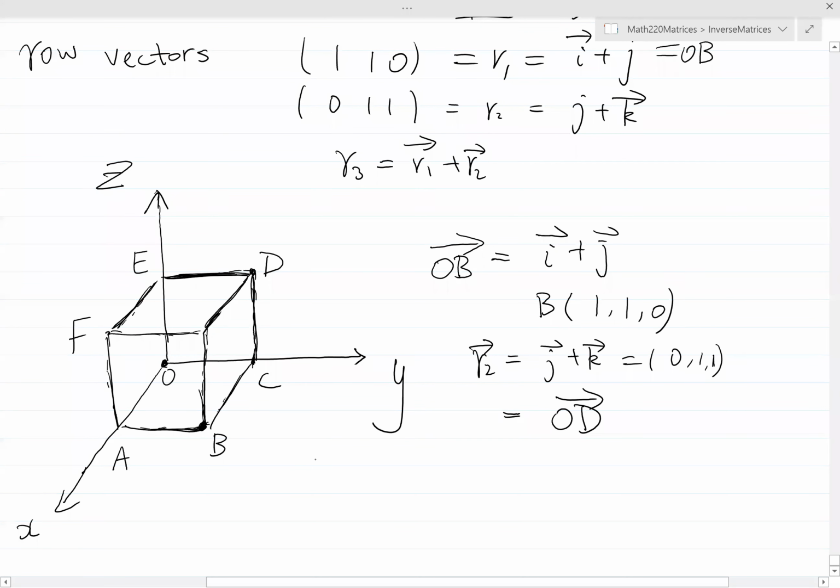Row 3 is not independent of row 1 and row 2, so we just use row 1 and row 2. The row vectors span the plane OBD, so the row space is the plane OBD.